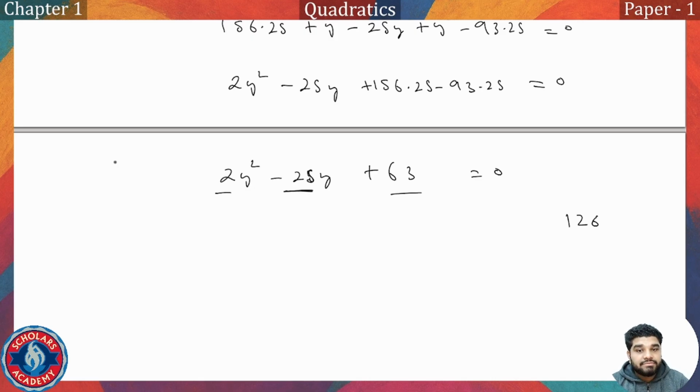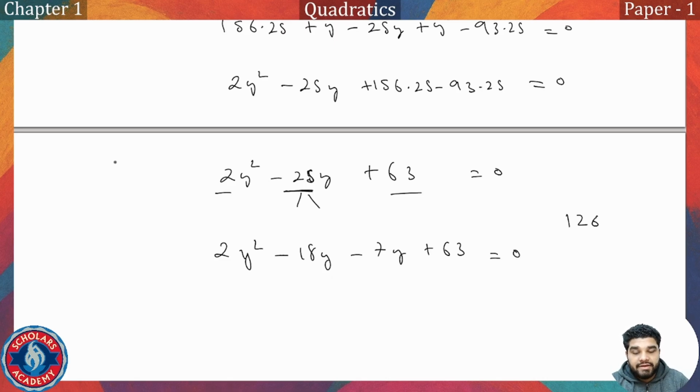So those two numbers can be 18 and 7. If I split this middle term into two numbers, I can write it as 2y square minus 18y minus 7y plus 63 is equal to 0.